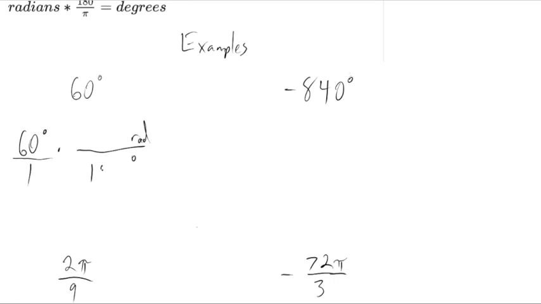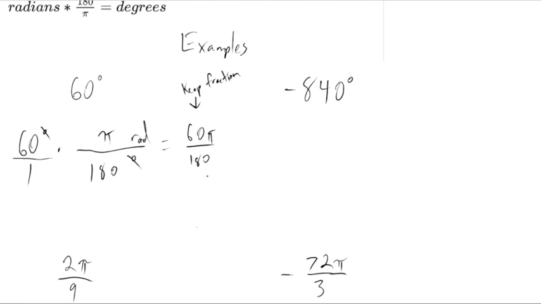So that would be the 180, and there are pi radians in 180 degrees. So the unit of degrees cancels, and this is going to be 60 pi over 180, because I'm just multiplying straight across, and then I can simplify this. This is always going to be kept in a fraction, and just simplify your fraction.